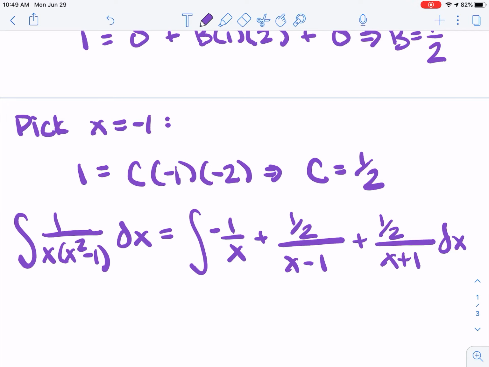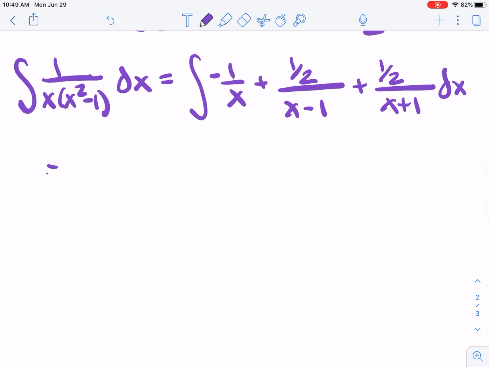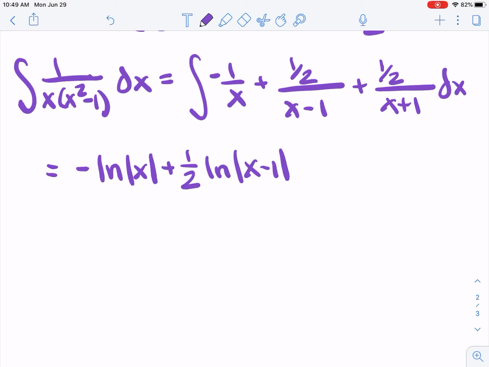And now we have this integral in a form that we are comfortable with. So this is going to be a negative natural log of the absolute value of x plus 1/2 times the natural log of x minus 1 plus 1/2 times the natural log of x plus 1 plus c.